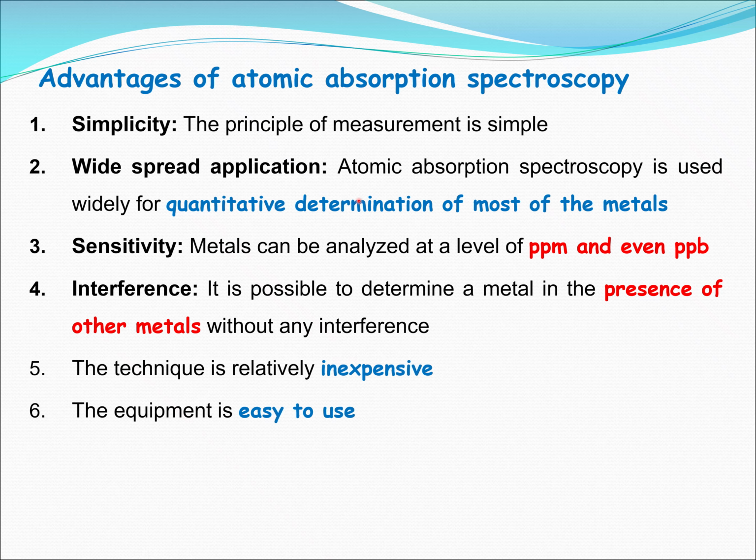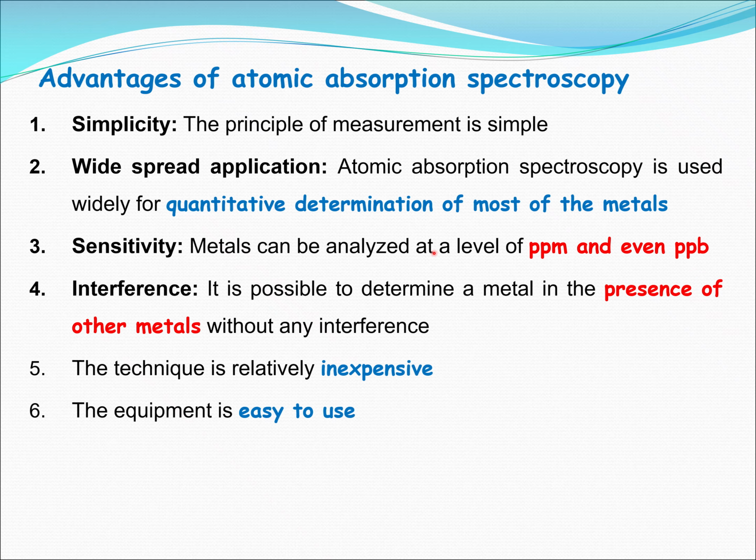Then widespread application. This is used widely for quantitative determination of most of the metals. Then sensitivity. Metals can be analyzed at a level of ppm and even ppb, parts per billion. You can say 10 to the power minus 9. Parts per billion means microgram per liter, which is a very low concentration.